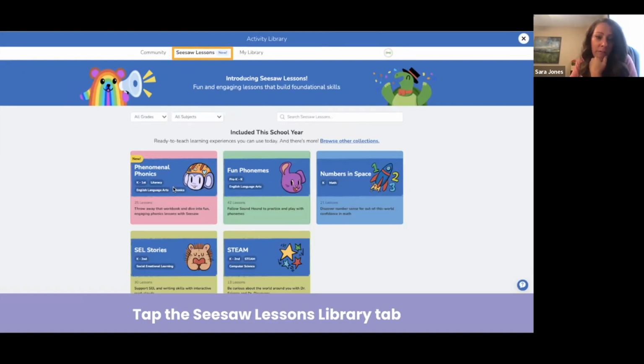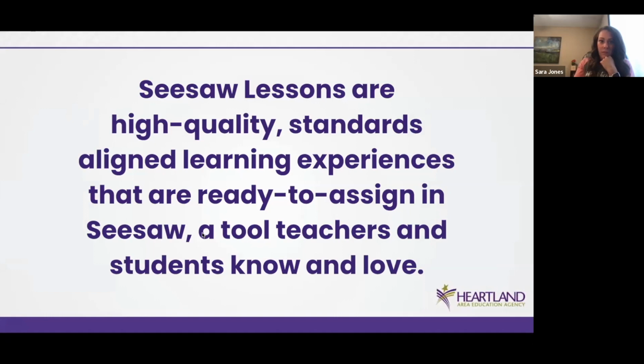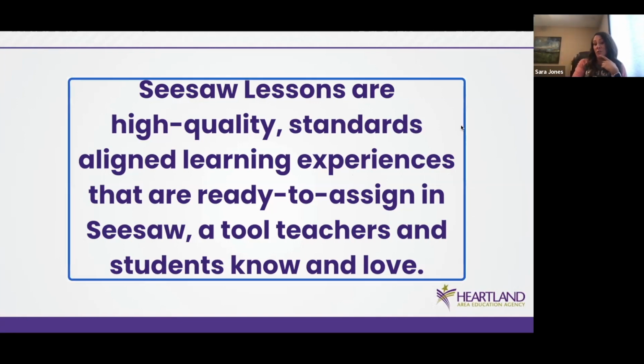They've got phenomenal phonics, fun phonemes, numbers and space, SEL stories, and STEAM. The SEL stories is super fun. Like I said, it's got a lot of really cute characters in it, and the kids really just love it. They're created by your Seesaw ambassadors and they go through a very systematic process before they're approved and added to the library too.